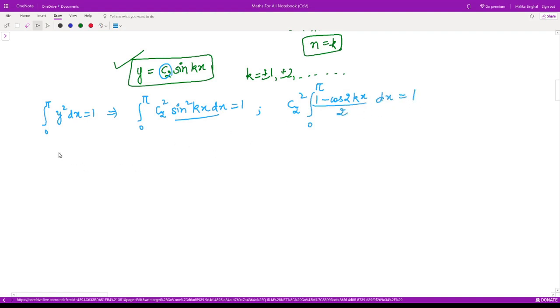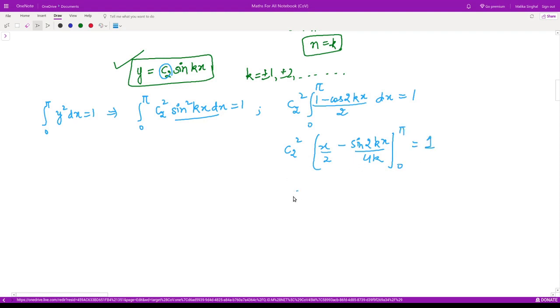So let me solve this. I have c2 square, and integrating this I have x by 2 minus sine 2kx divided by 4k, and limits of integration from 0 to pi. This is equal to 1.